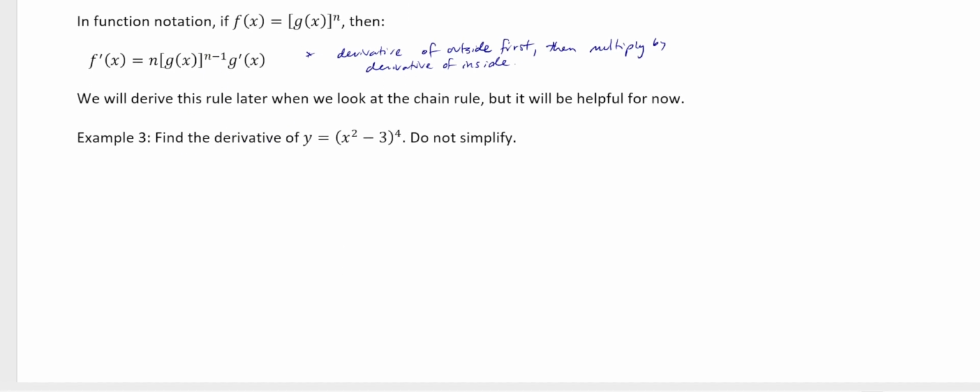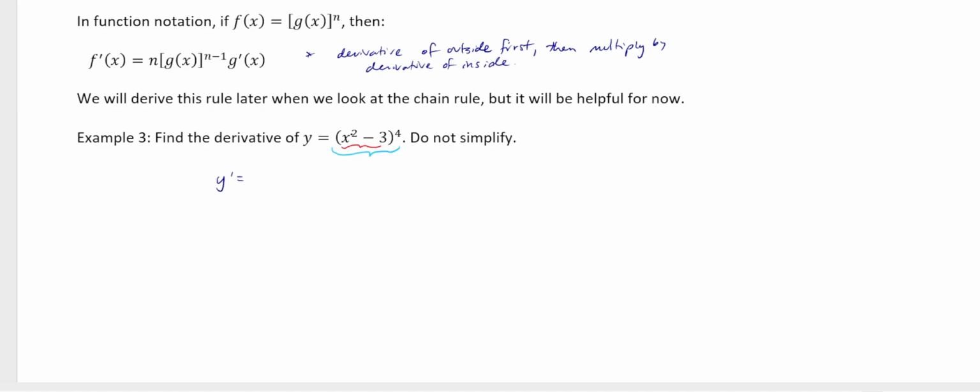If I look at what my inside function is, this is my inside function right here, my x squared minus 3. And my outside function is this function raised to the power of 4. So let's take a look at what this rule tells us to do. The rule tells us that we are going to take the derivative of the outside function first, or the light blue function first.